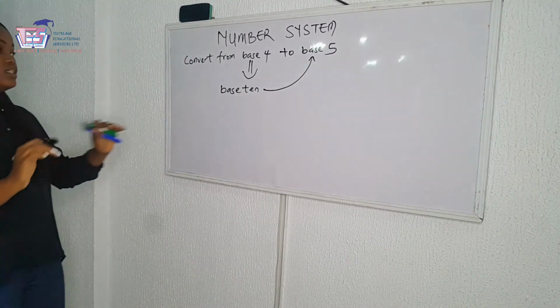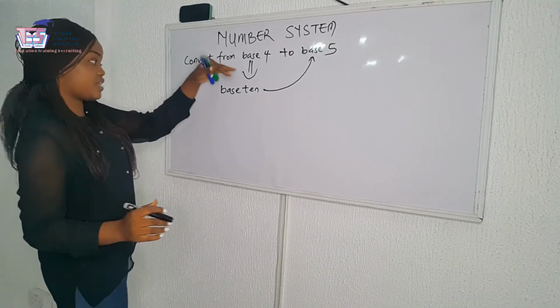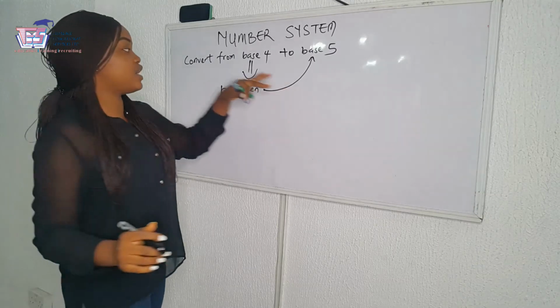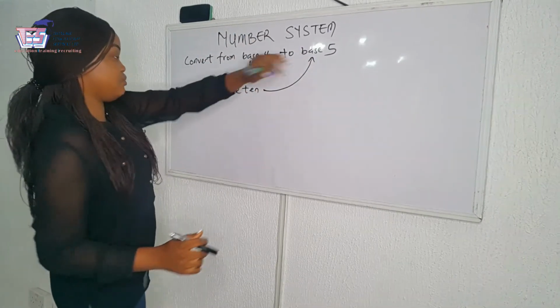That is just the easy way to convert from a base to another base. You convert the first base to base 10, then you convert that base 10 to the base you are supposed to convert to, which is base 5.